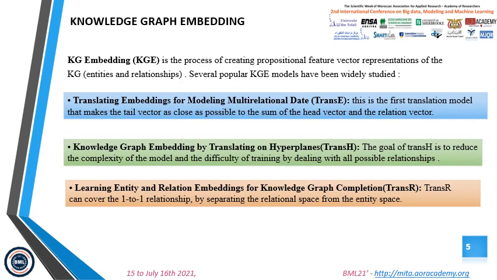Now we will present knowledge graph embedding. Knowledge graph embedding is defined as a process of creating propositional feature vector representations of the knowledge graph entities and relationships. Several popular knowledge graph embedding models have been widely studied. Firstly, translating embeddings for modeling multi-relational data.